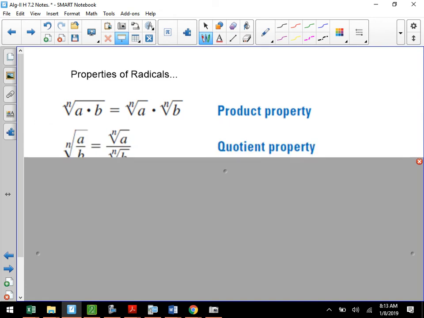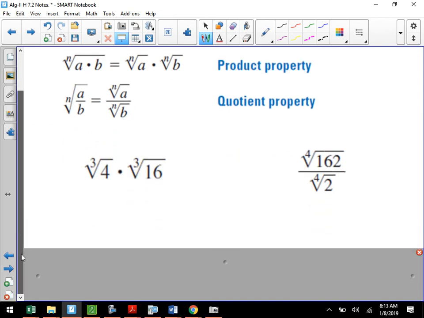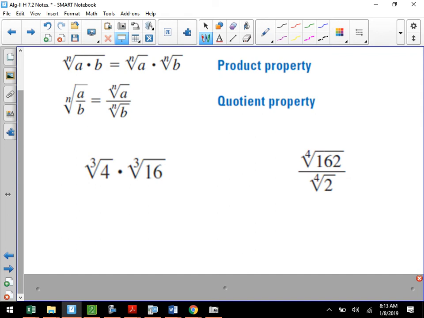Product, yeah, we just did this. Never mind. So for example, again, same idea. Since these two have the same nth root, just put them together.